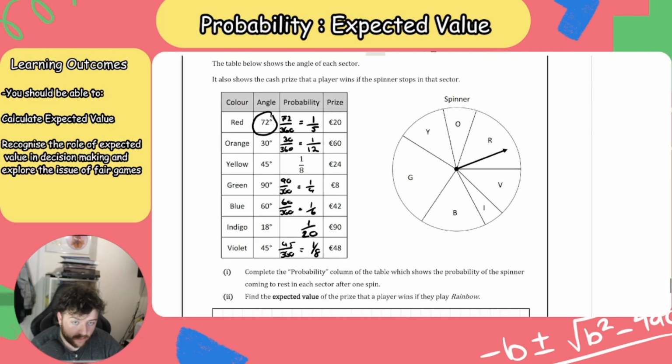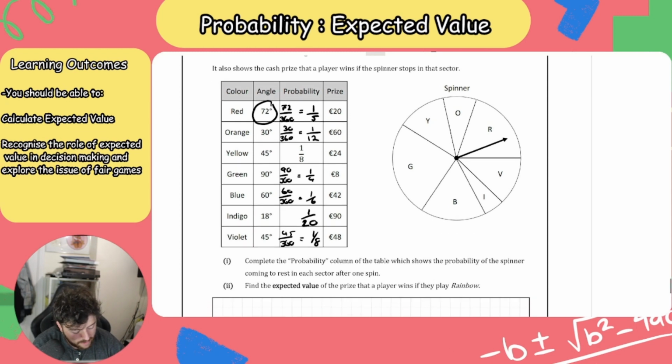So there's all my probabilities there. So complete the probability column, which is the probability of the spinner coming to rest in each sector. Okay, done that. Find the expected value of the prize that the player wins if they play Rainbow.